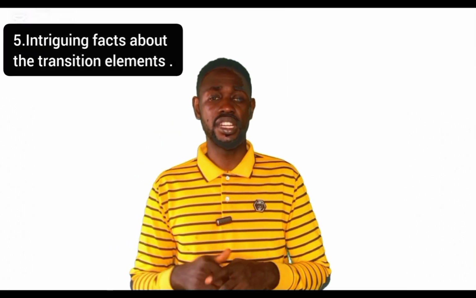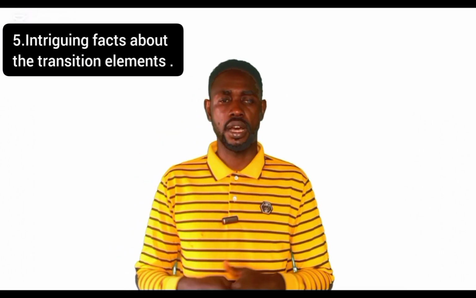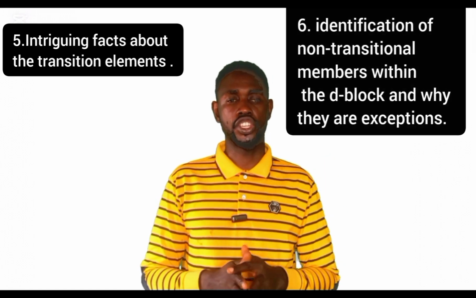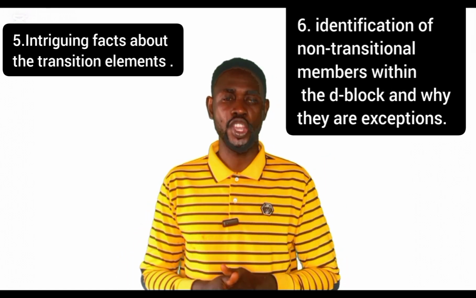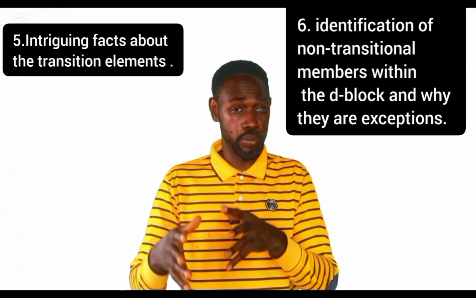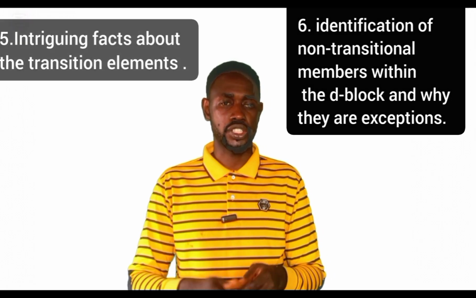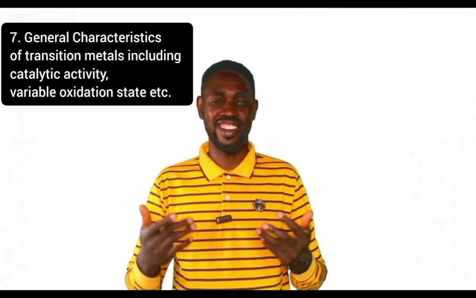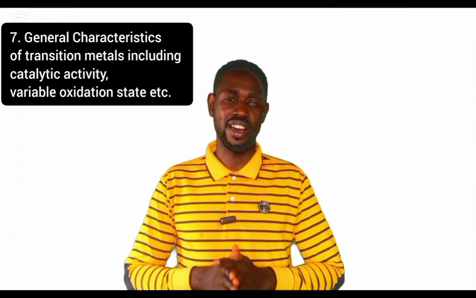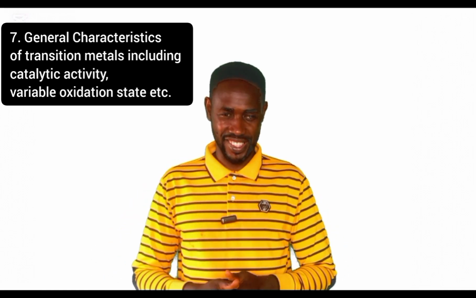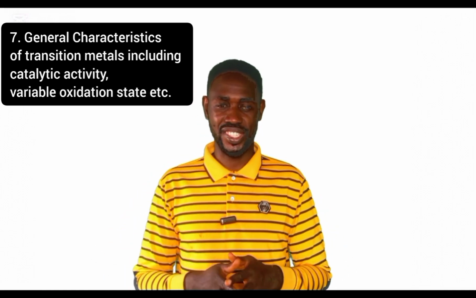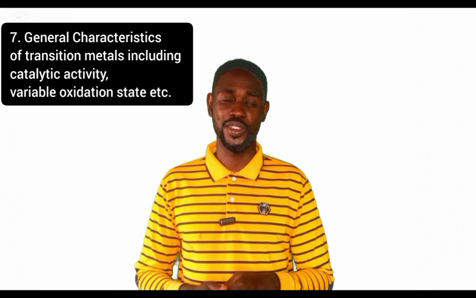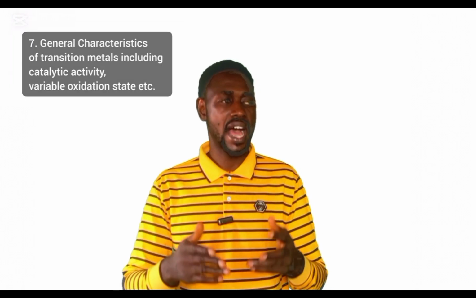Number 5, intriguing facts about the transition metals. Number 6, identification of the non-transition members within the D block, and why they are exceptions. Number 7, general characteristics of transition metals, including catalytic activities, variable oxidation state, formation of complex ions, paramagnetism, and more.